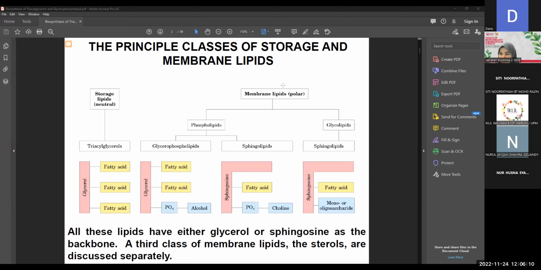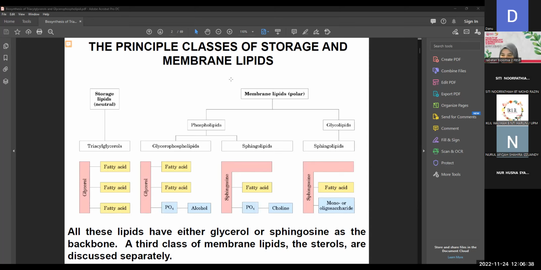But membrane lipids can either be known as phospholipids or glycolipids. Phospholipids will form glycerophospholipids and sphingolipids. But the same goes for glycolipids. We can synthesize sphingolipids from glycolipids.